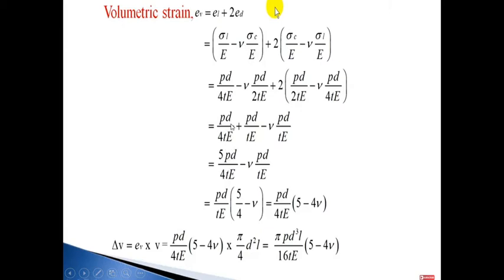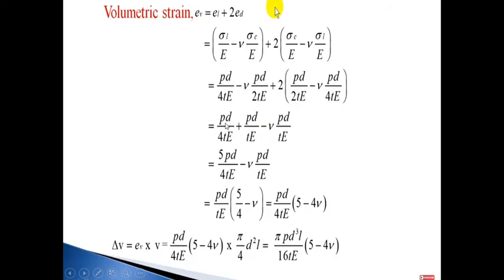PD is common; the denominator of one term is 4TE and the other is TE. Taking the LCM and cross multiplying, we get 5PD divided by 4TE. That term is multiplied by 4 top and bottom, so we get 4 plus 1, which is 5.